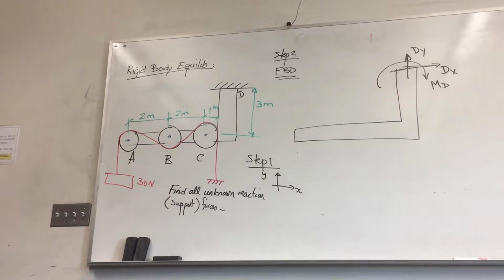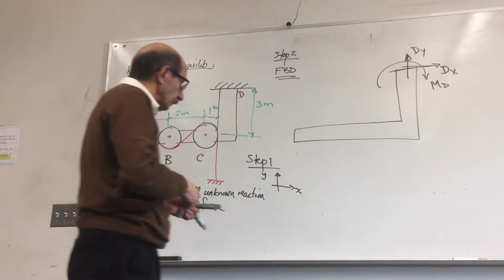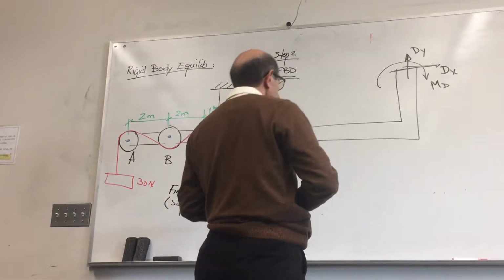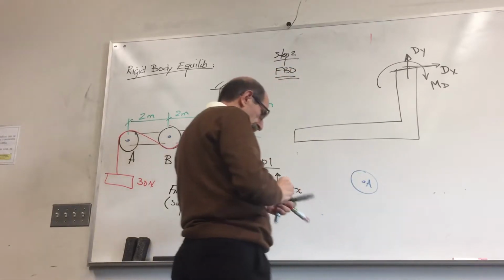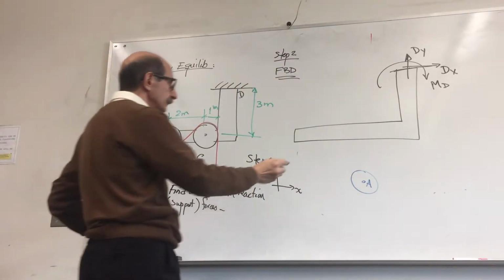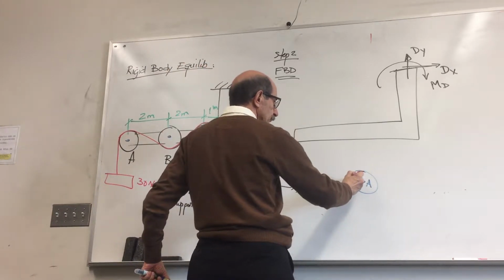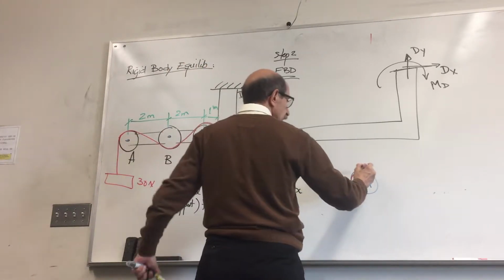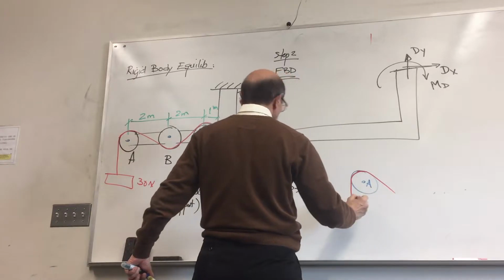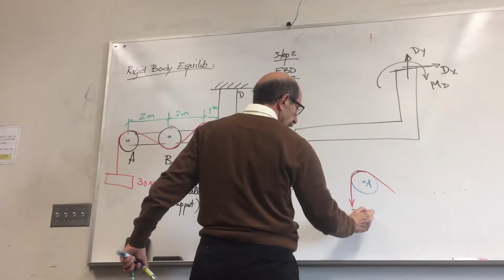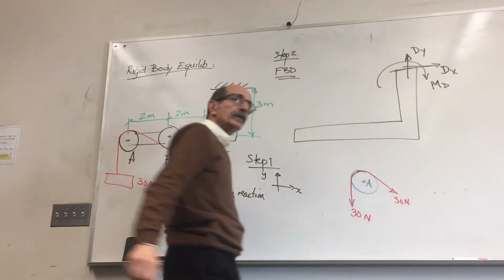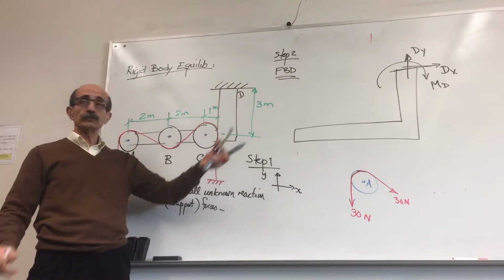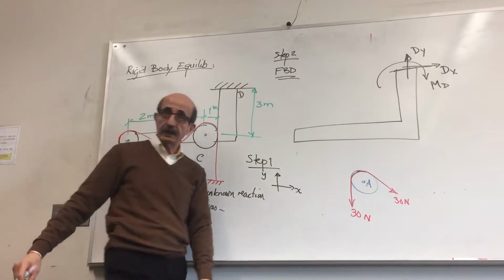If I get rid of all those pulleys, let's see what the consequence is. Look at the pulley at A. This pulley is subjected to a force due to the cable that goes around it, of course 30 Newton and 30 Newton. The pulley is connected to the structure through this pin at A, right?